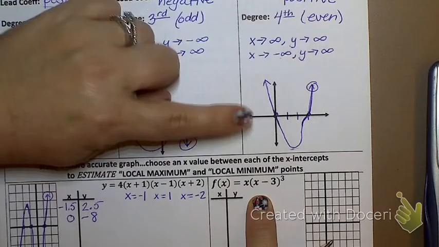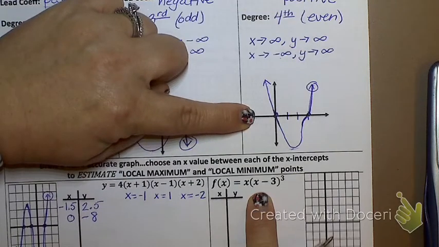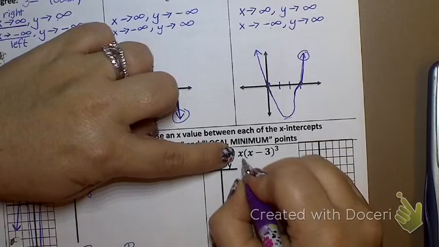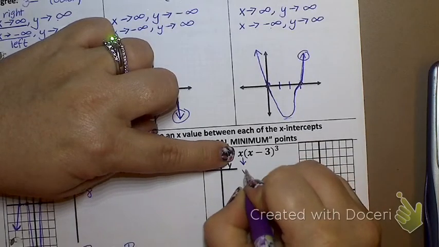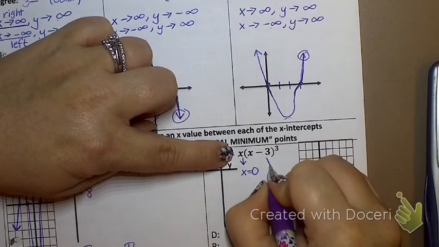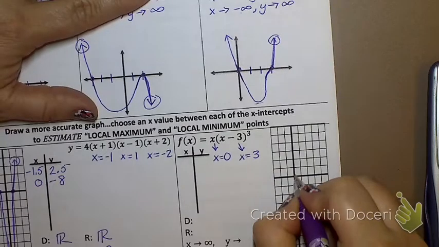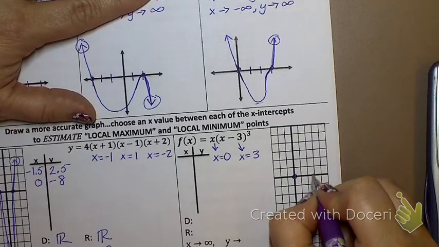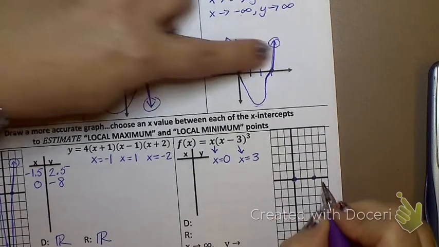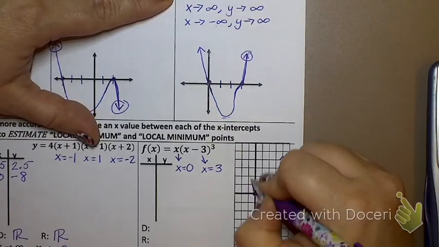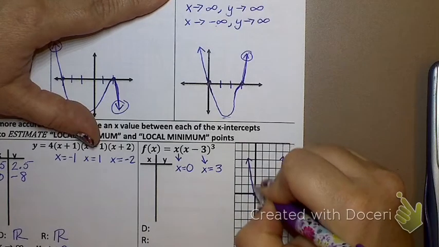This last example is the exact same equation that we used in this graph right here. So again, we already know information about it. We already know we have a 0 at 0, and we know we have a 0 at 3. We know that both ends are going up because we have a positive leading coefficient and an even degree.